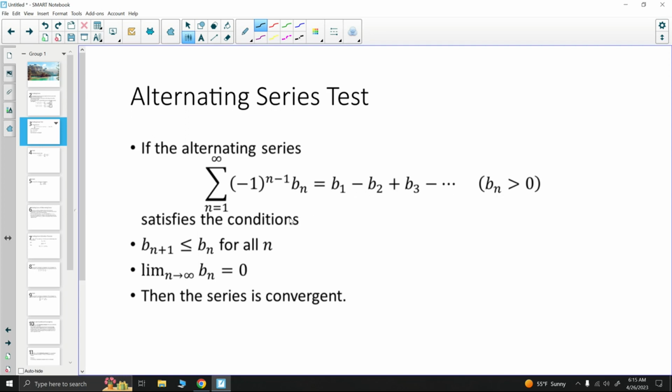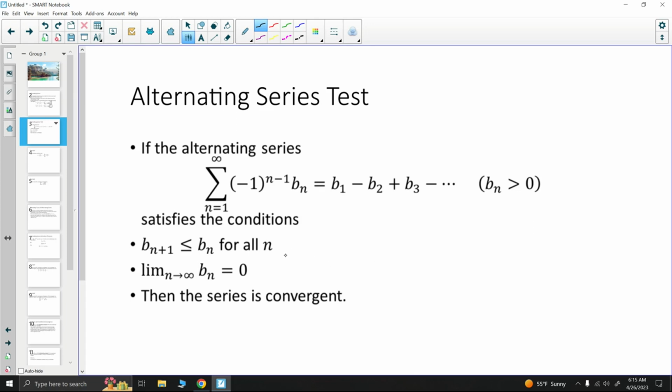Then, the series must satisfy the condition that b sub n plus 1 is less than or equal to b sub n for all n. What we're saying is that as long as every subsequent term is smaller than the previous one, then this should be okay. Realistically, when we say all n, we mean all n beyond a certain point. As long as we can show that it's decreasing after some point along our series, that's good enough.